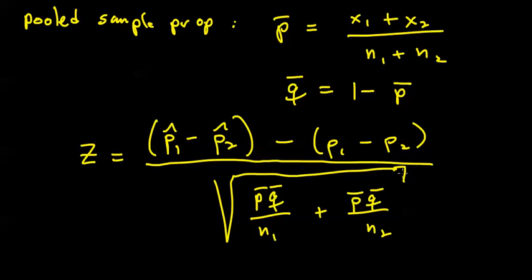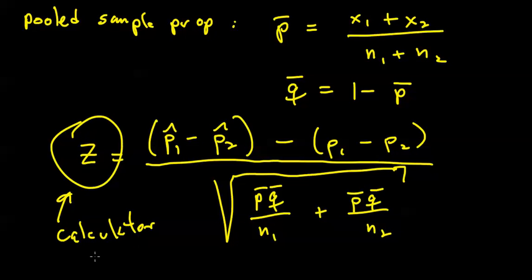Alright, now don't panic. I just want you to know that this p-value that we're going to compute with our hypothesis test operator 2-Prop ZTest is based on a z-score. So the calculator computes this. You don't have to do it from first principles. And we'll run through some examples before we're done today.